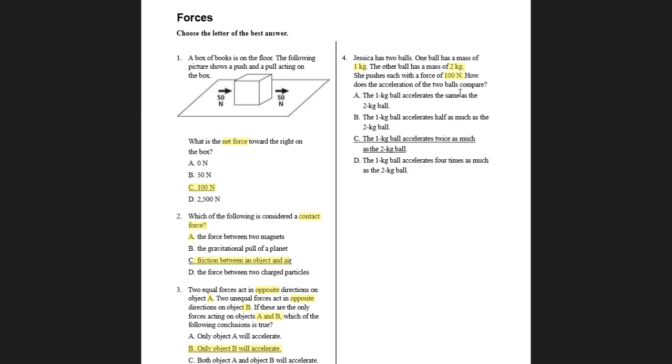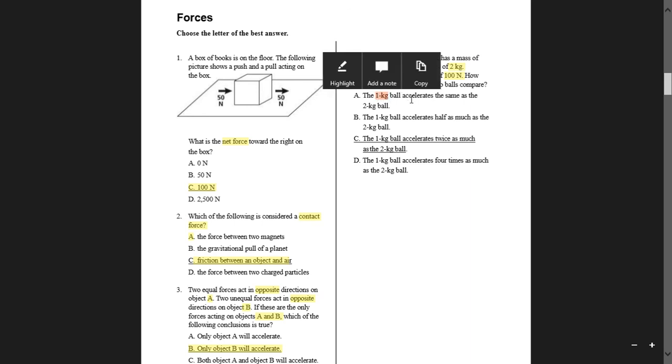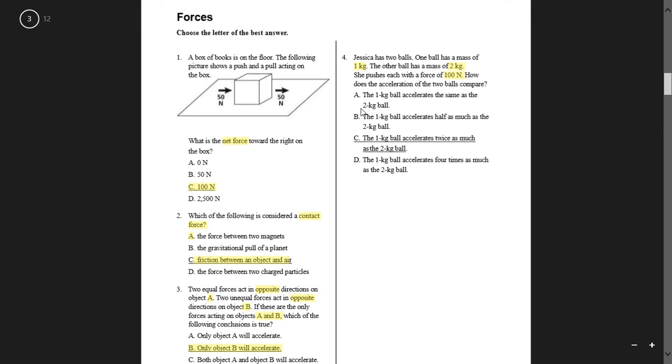So how does the acceleration of the two poles compare? Maybe the first one, which has 1 kilogram, accelerates the same as the 2 kilogram one. Letter B, the 1 kilogram pole accelerates half as much as the 2 kilogram pole.